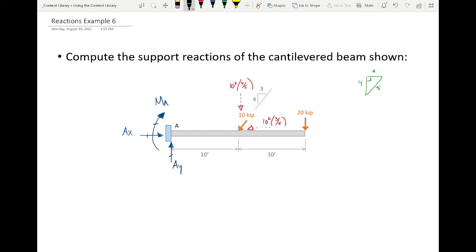Now, the computation of these support reactions is very simple, okay? So let me explain why support reactions for cantilevered beams are really simple. When you have a beam like this, you don't really have to be strategic about the order in which you do things. Like the last problem, let me go back to the last problem because I think this is an important point, and we've got plenty of time.